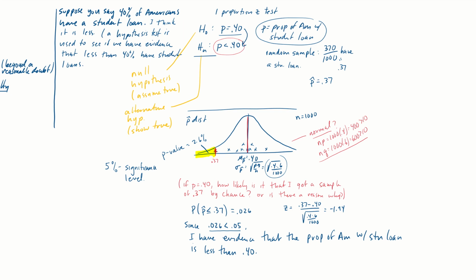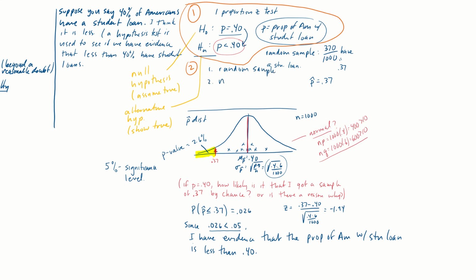Step 1 is me naming the test and defining my variables. Step 2 are my conditions. I need to know that this is normal for this to work. And in order for that to be normal, I have to have 2 conditions that we're looking at. It has to be a random sample.